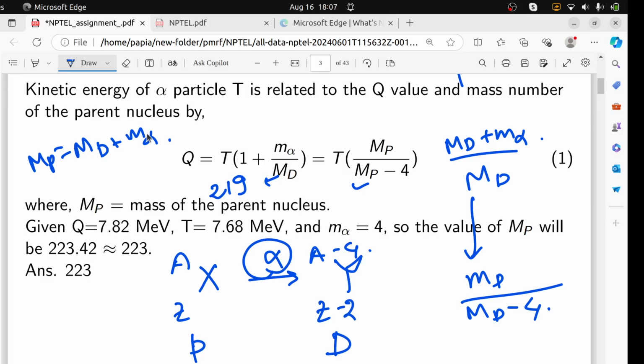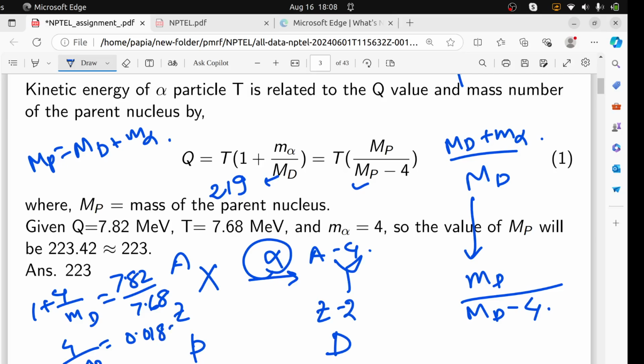So 1 plus 4 divided by m d equals Q divided by T, that is 7.82 divided by 7.68. So 4 divided by m d equals (7.82 minus 7.68) divided by 7.68, which is 0.0182.